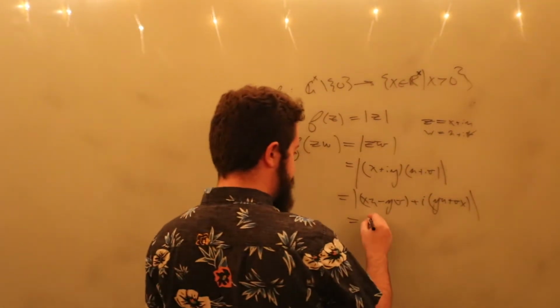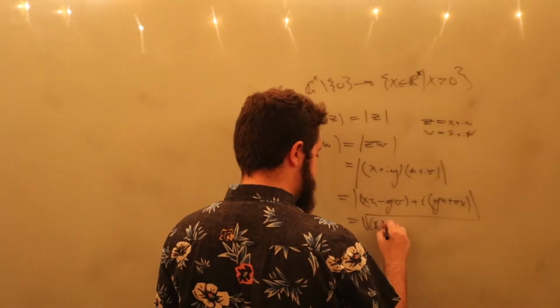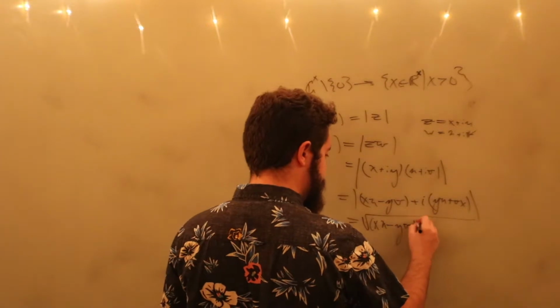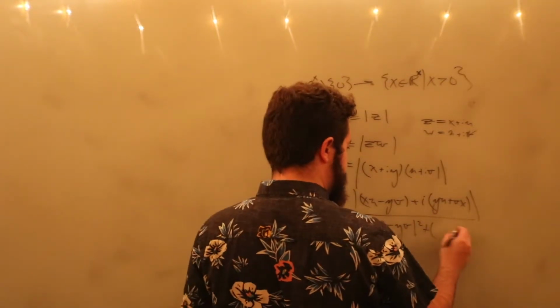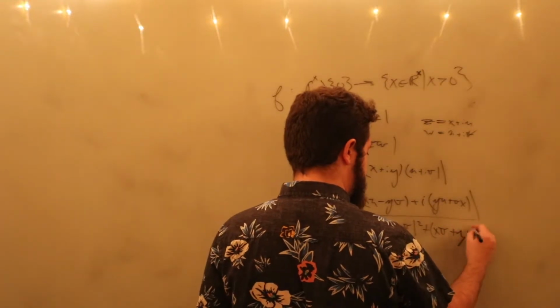And then the modulus of this is just going to be equal to the square root of xu minus yv squared plus xv plus yu squared.